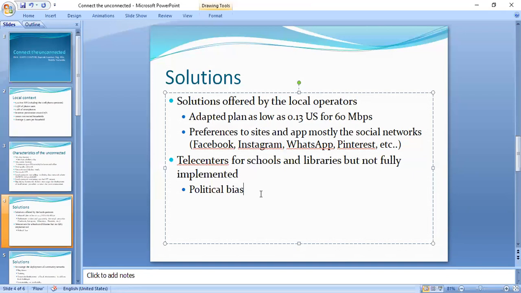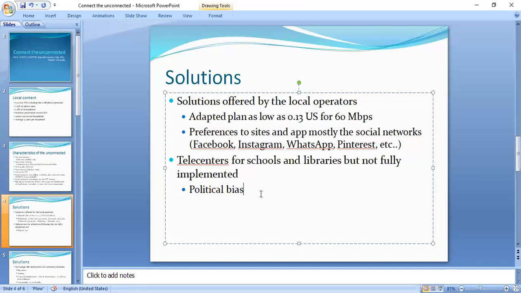But if you are not a political friend, there's less chance to have access to those facilities, like the telecenters for the schools and the libraries in your community.